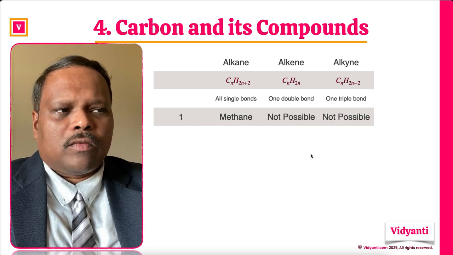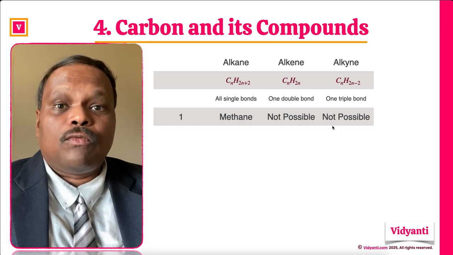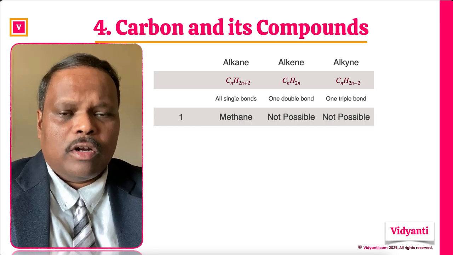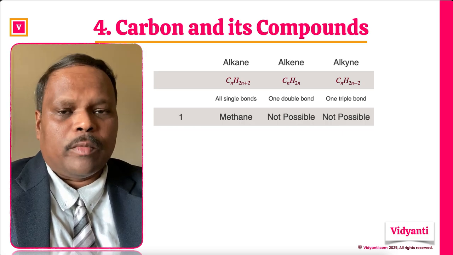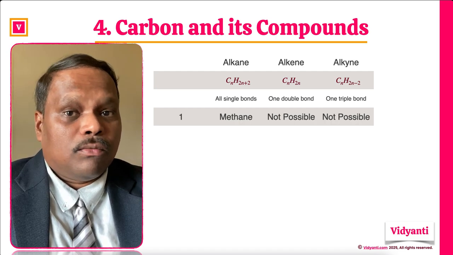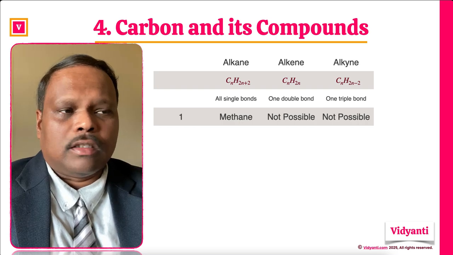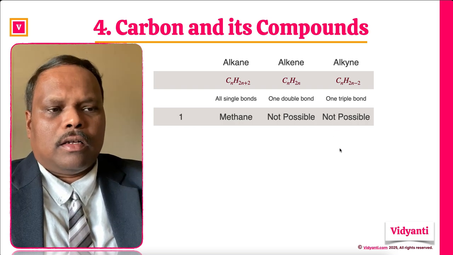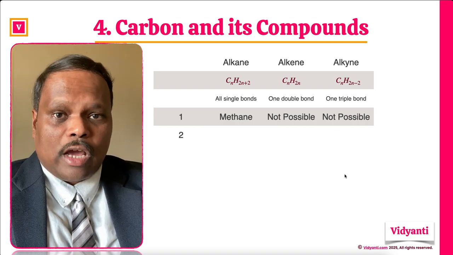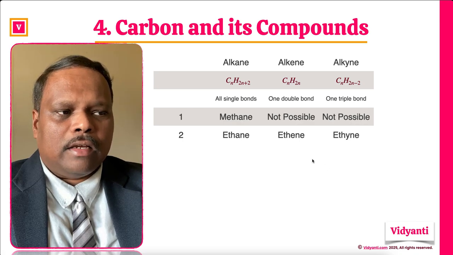Now, in case of alkene and alkyne, this is not possible, because in order to form a double or triple bond, you need at least 2 carbon atoms, and that's why the first member will be missing in case of alkene and alkyne. In case of 2 carbon atoms, the nomenclature will be ethane, ethene, and ethyne.